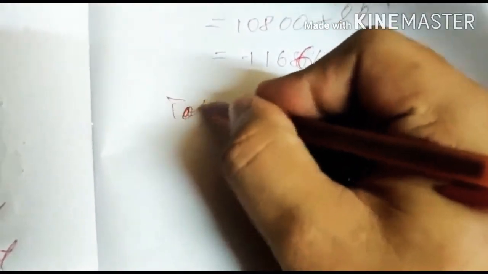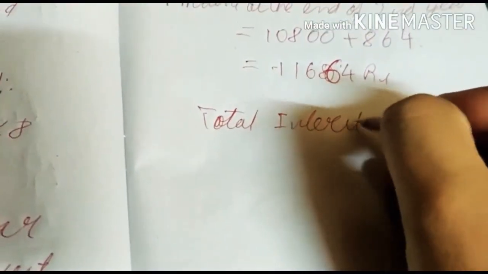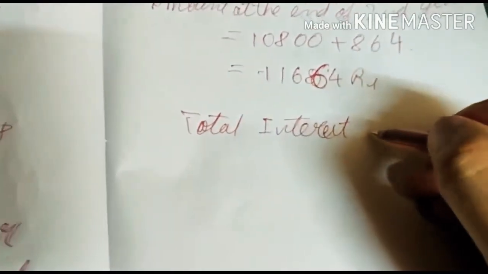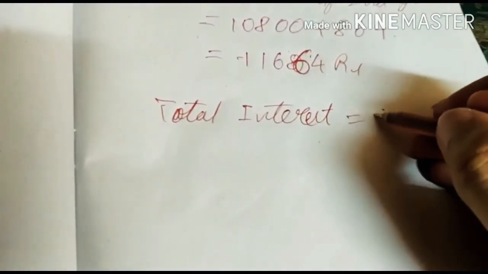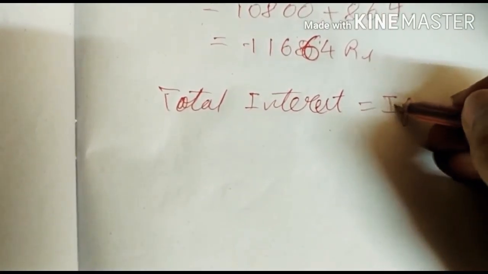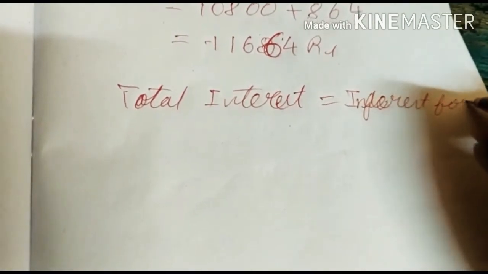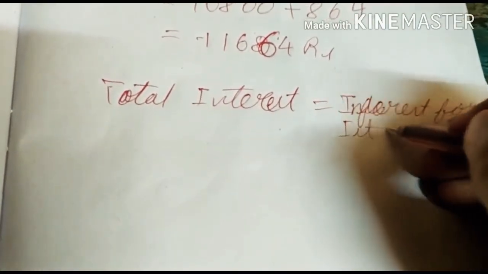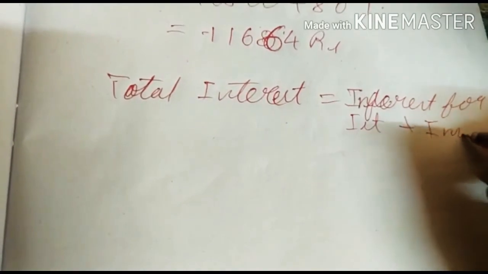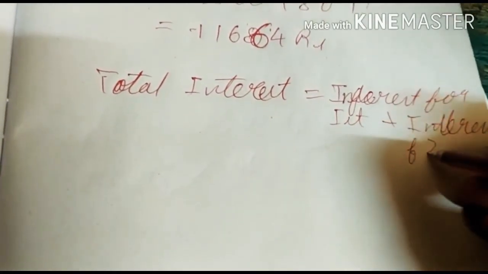Here, what is the total interest? Total interest can be calculated in two ways. The first way is interest for the first year plus interest for the second year.